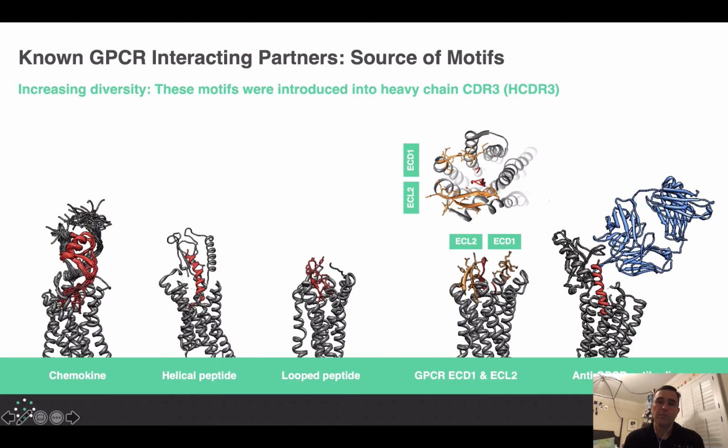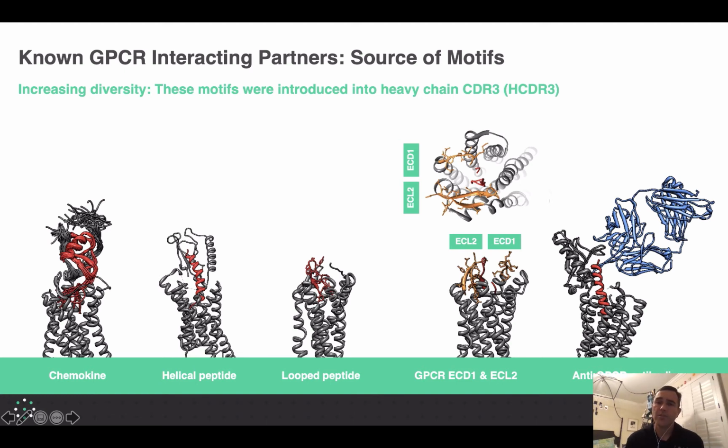So where do we get all those different motifs? Of course, chemokines, which are known ligands of GPCRs, are rich in these motifs. So again, we're taking small pieces of these proteins that bind a range of different GPCR targets. A lot of GPCRs also bind peptides, and so we took pieces and motifs derived from either helical or loop peptides that are known to bind to GPCRs.